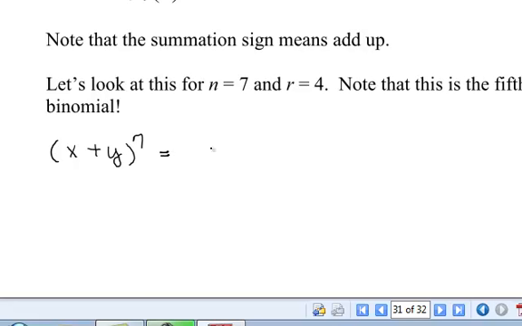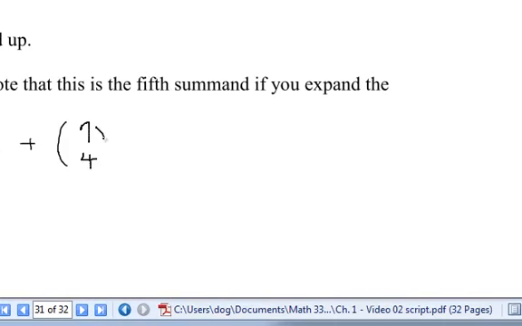And I would start off with C(7,0) x^(7-0) y^0, and I would add a bunch of terms, and I want to get over to C(7,4), which would be the fifth term, x^(7-4) which is x cubed, y to the fourth.